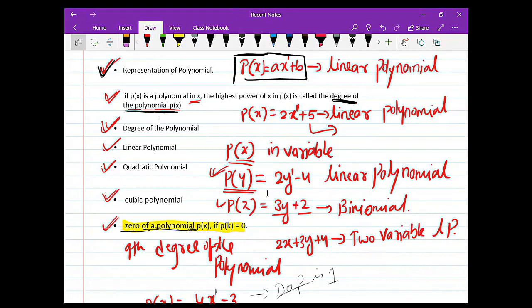When p of x, whether linear or quadratic, becomes 0 for any x value, then that value we call a zero of the polynomial. What that zero shows, we are going to learn in tomorrow's class, the graphical representation of the zero of the polynomial.